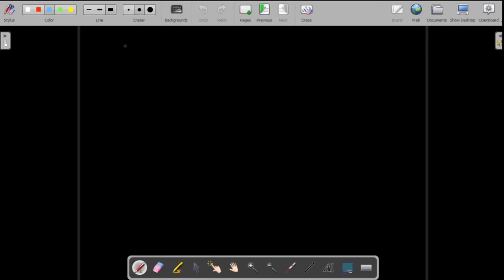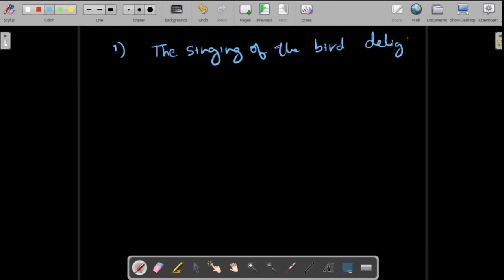Let's move to two more. You have to try these and give a comment in the comment section on which one is the subject and which one is the predicate. Okay, the singing of the bird delights us.